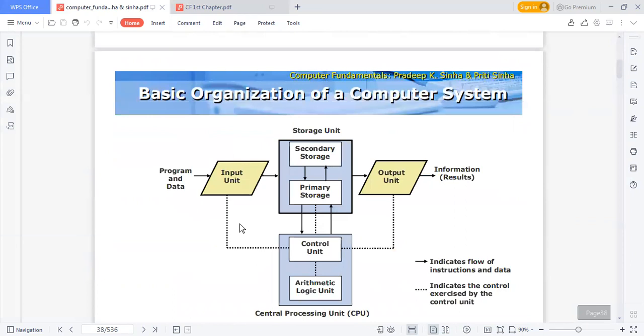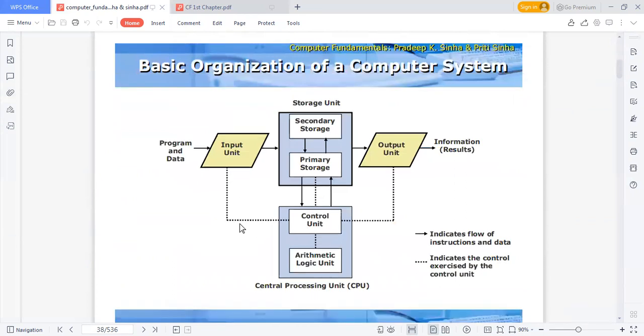Now, if we draw a diagram of the basic organization of a computer system: program and data. You must know what a program is, a set of instructions or a series of instructions or logic. Then we have to input with a keyboard, mouse, or any other devices. Then the input data we send to the storage unit.